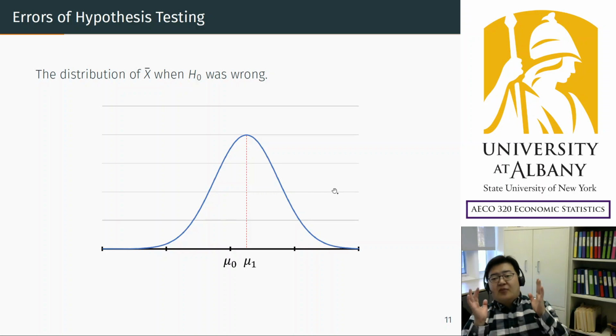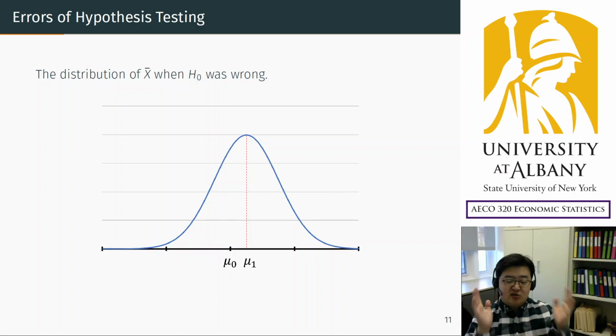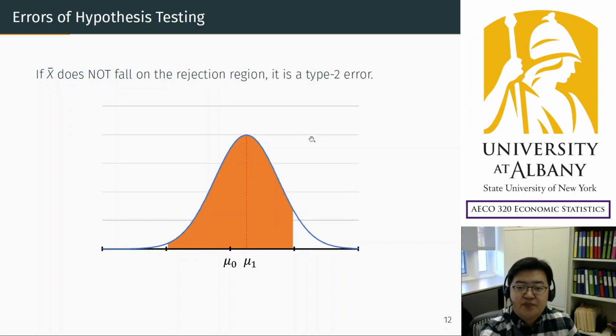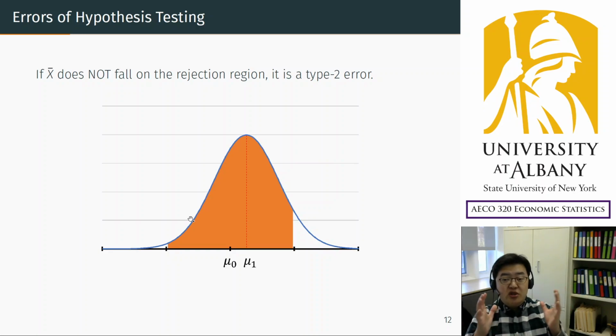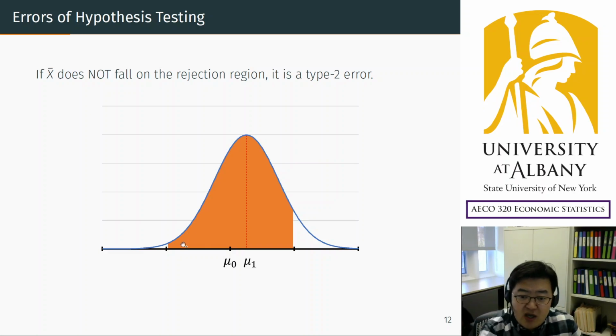In this case, you have to reject the null. That's the correct decision. But with this much probability, your data will be generated within the critical values, so that you cannot reject the null hypothesis. Just by chance, your data looks close enough to the null hypothesis, so you could not tell the difference.